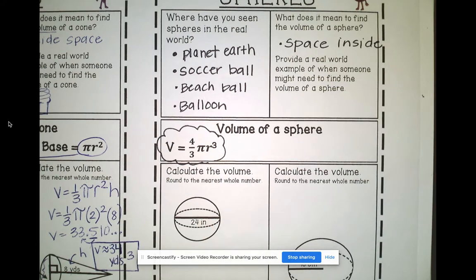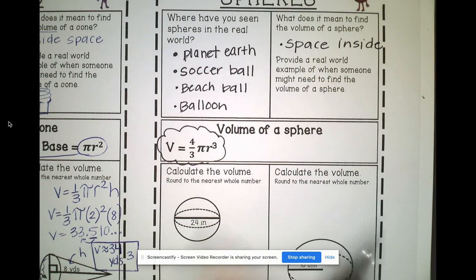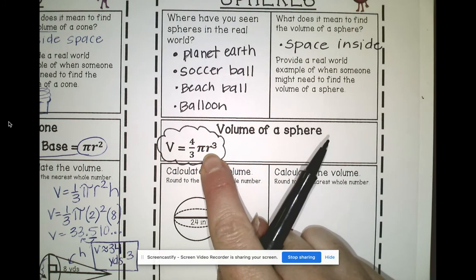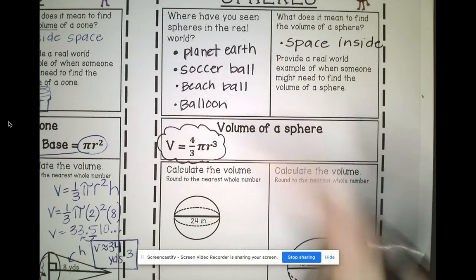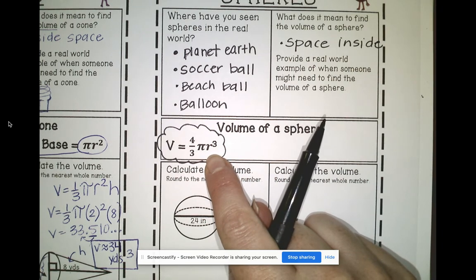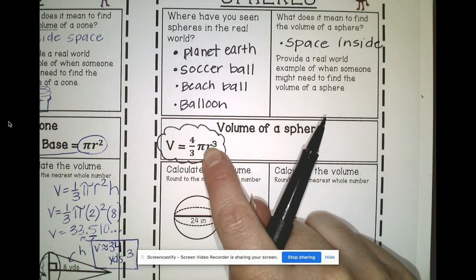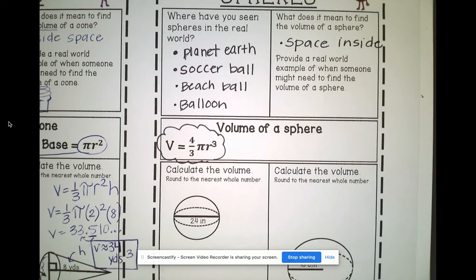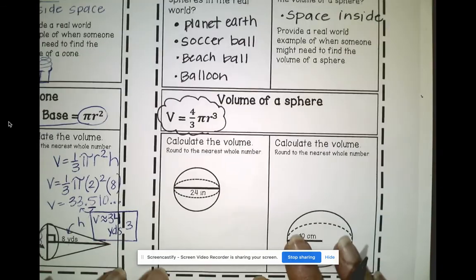We now have a 3D circle, therefore this is raised to the third power. Normally, when you have something squared, it's your number times itself twice. This is going to be whatever your radius is times itself 3 times. So let's get into an example.